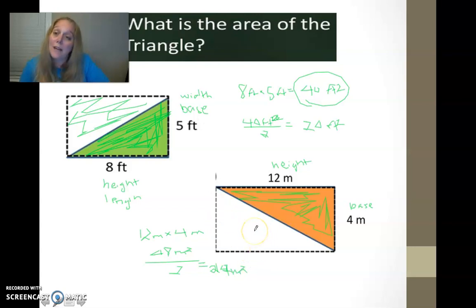So half of 48 is 24. So this right triangle is 24 meters squared, and so is this triangle over here. So the area of the right triangle is always going to be half of what the rectangle measurement is going to be.